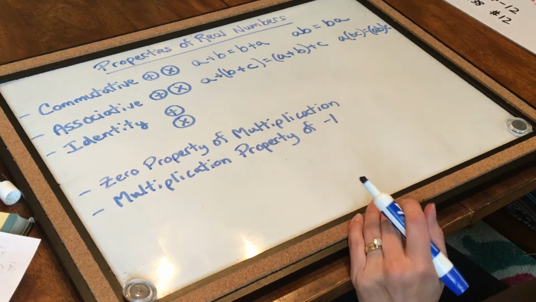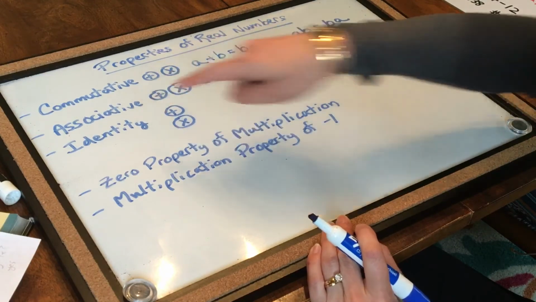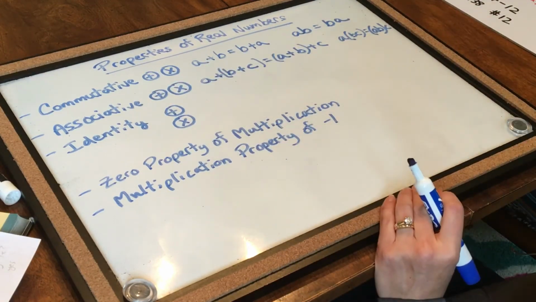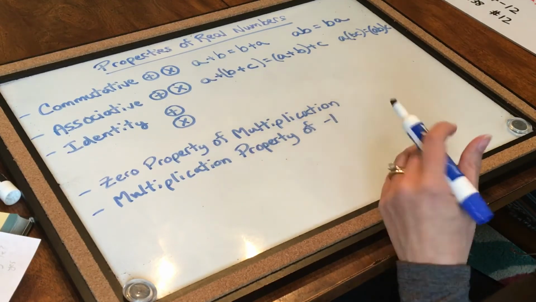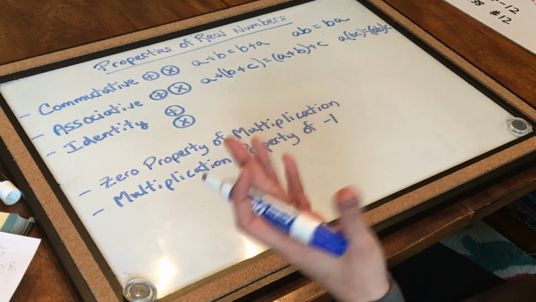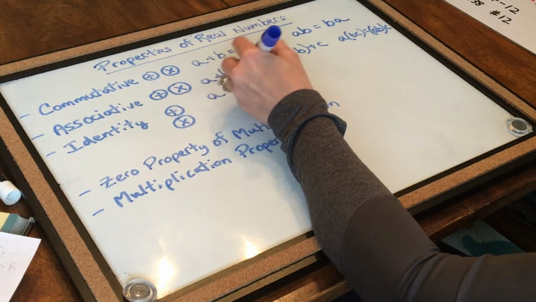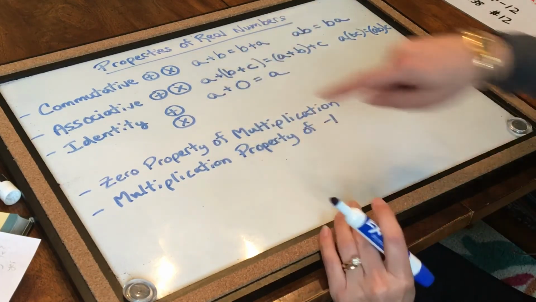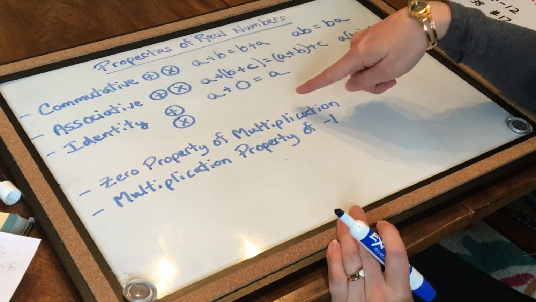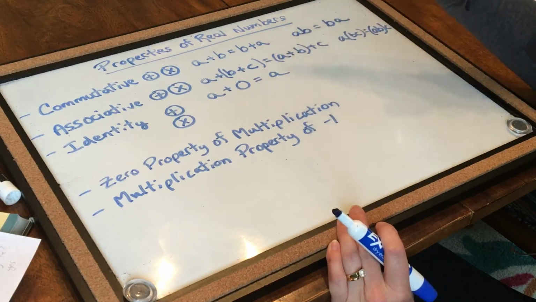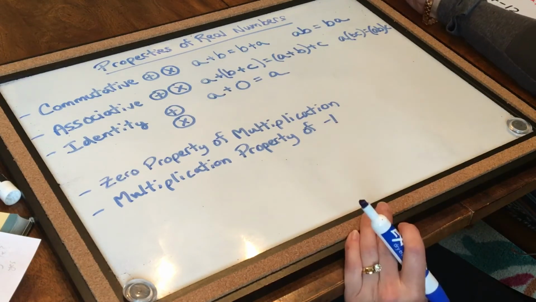Next up, we have the identity property. So identity means yourself, right? It's who you are as yourself. And identity in math means what a number is as itself. So any number stays the same if we add 0 to it. So the identity property of addition is any number A plus 0 will still equal A. So we can add 0 to a number and it retains its identity.